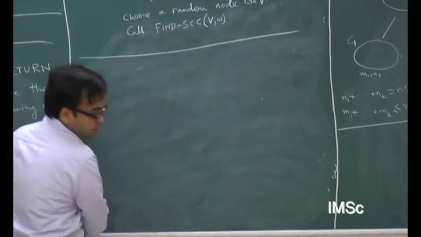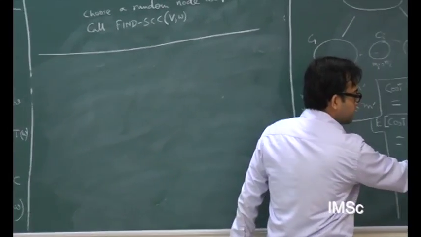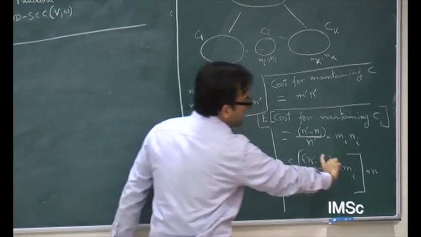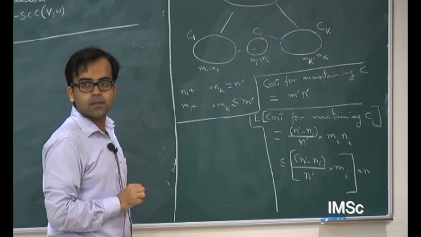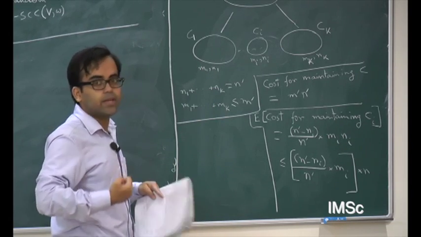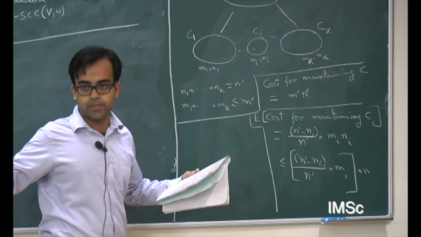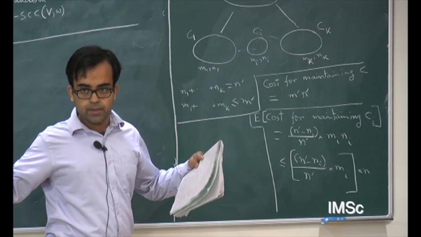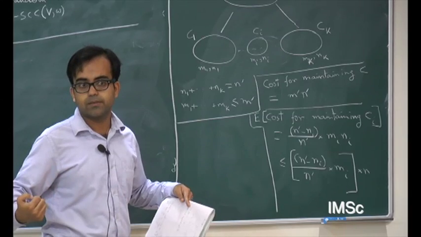So, it seems the easier way to analyze this is to take the expected cost on Ci. We are just going to distribute this cost across the edges in Ci. So, as if each edge in the graph is getting some token, and if you add up all the tokens, you get the total computation cost. And then we are going to argue that the token received by each edge is not too much.